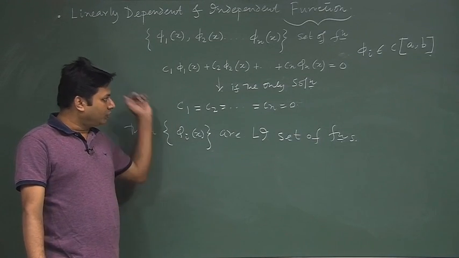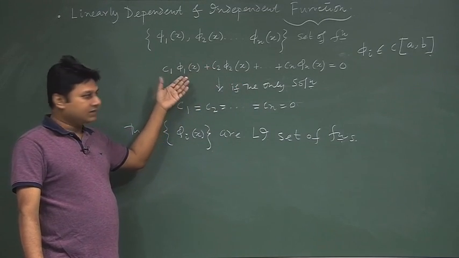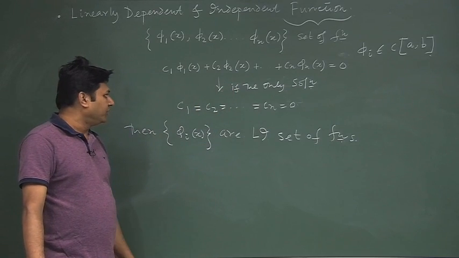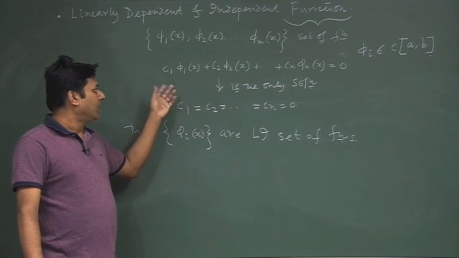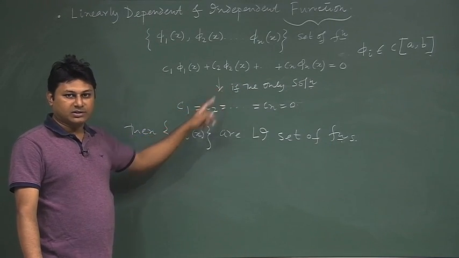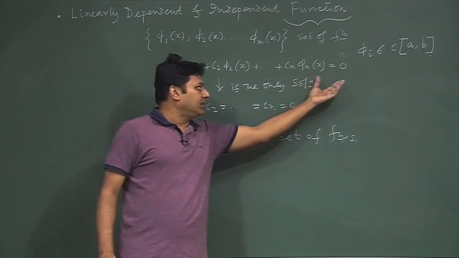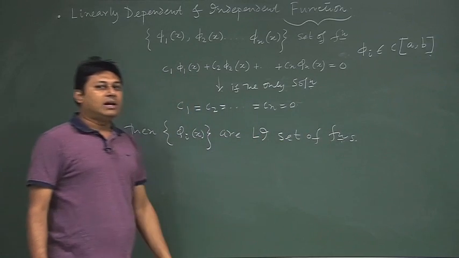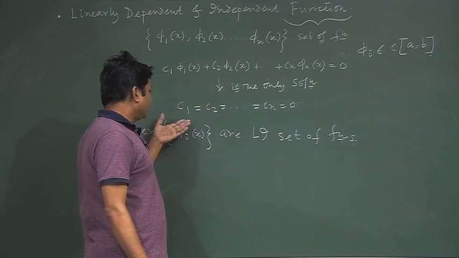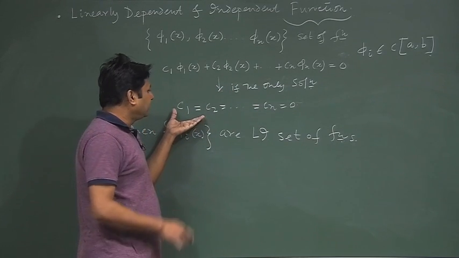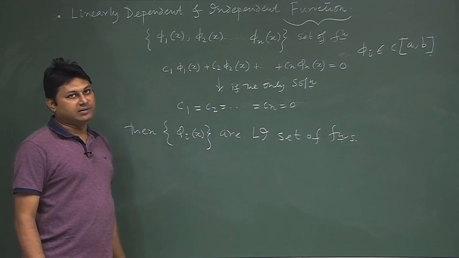In the vector space I have a set of vectors, and then I make a linear combination of this set of vectors with C1, C2, C3 the coefficients. Here I am doing the same thing. I have a set of functions in my hand and I make a linear combination of them. When the linear combination gives me 0, and the only possible solution is that all the Ci's are 0, then readily I can say that these functions are a linearly independent set of functions.